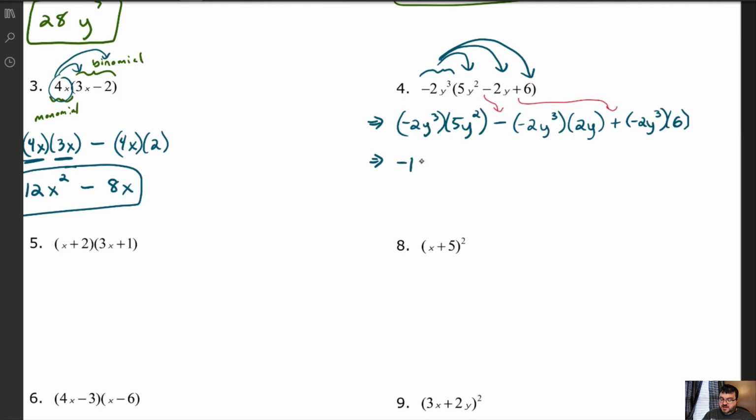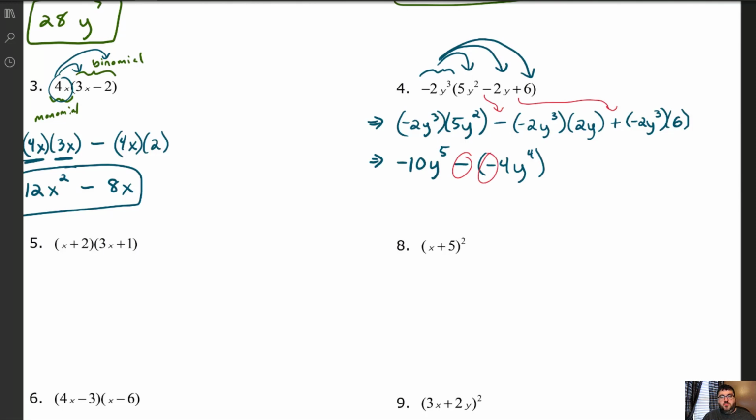This first one will be negative 10y to the 5th, since there's 3 and 2, and then minus. So whenever you multiply, this is going to end up giving you negative 4y to the 4th right there. Now there's going to be a better, cleaner way I want to write this in a second, because if you look, there's a negative and a negative.